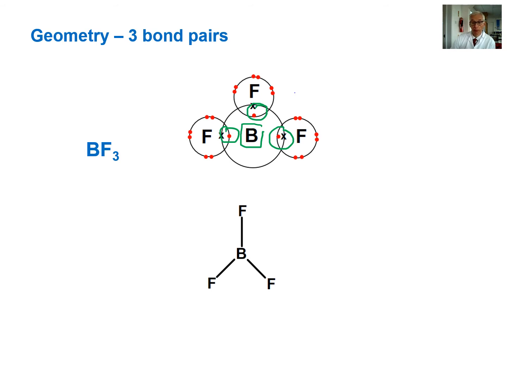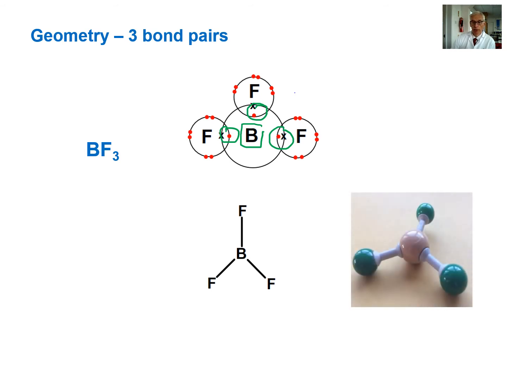Now, if you may have used modelling kits, you will have made a model like this, which is slightly more helpful because you can see that the arrangement is planar. All atoms are lying flat on the one piece of paper, but the bond angle will simply be 360 divided by 3.